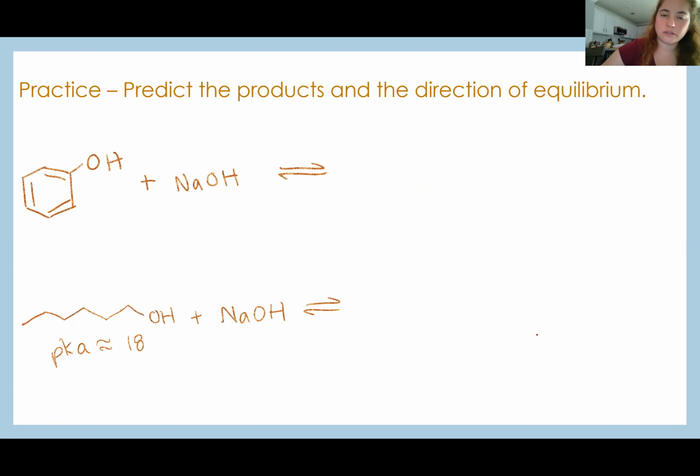Okay, so we're going to do a couple practice problems here. We're going to predict the products and the direction of equilibrium. So we have sodium hydroxide and phenol. What's going to happen in this reaction? Which compound is our base?